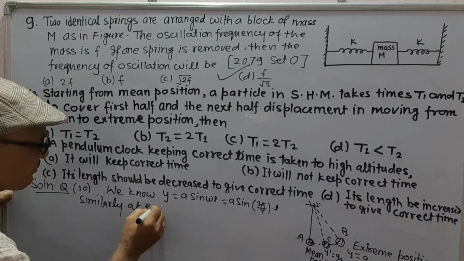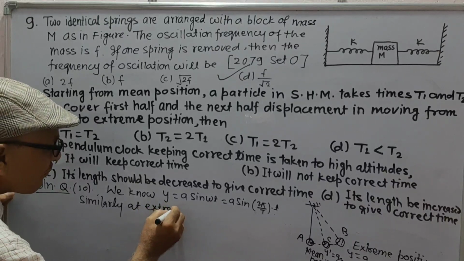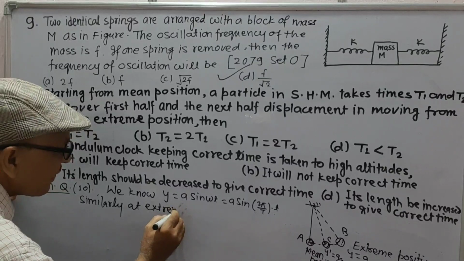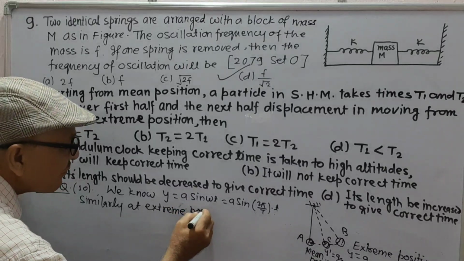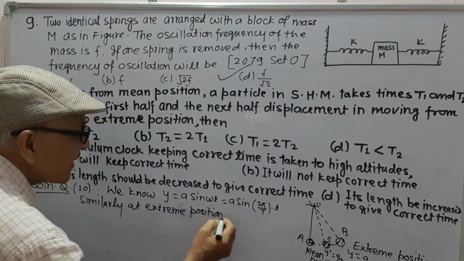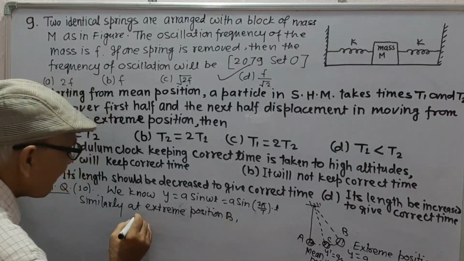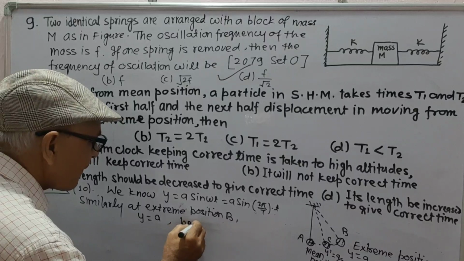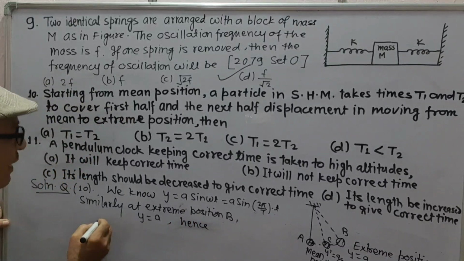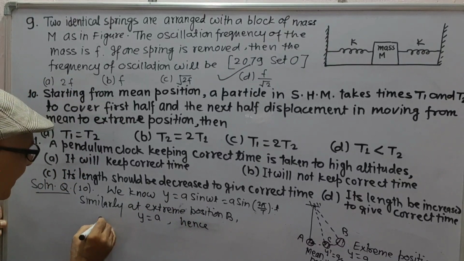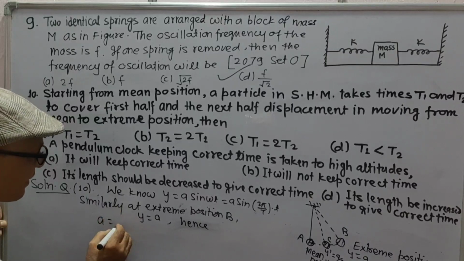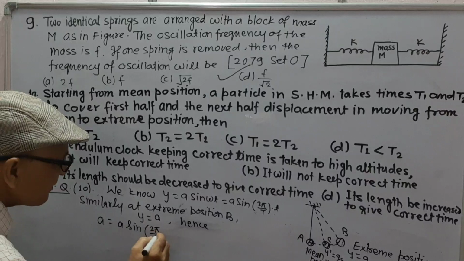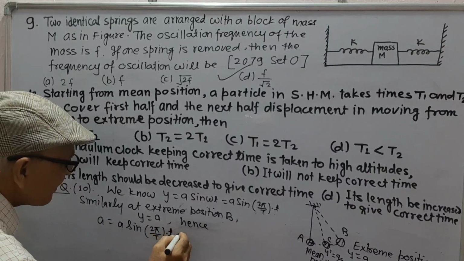Similarly at extreme position B, y is equal to A, hence the above equation gives A is equal to A sin 2 pi by T into t.